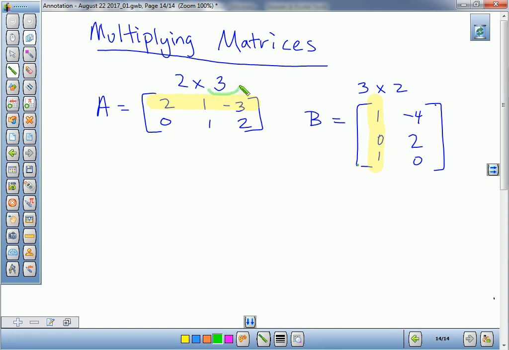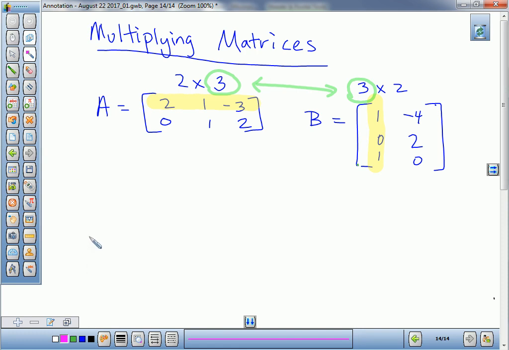And what we're going to find is that the number of rows in the first one and the number of columns in the second one end up being the dimensions of the product. So when we do A times B, it will end up being a 2 by 2.